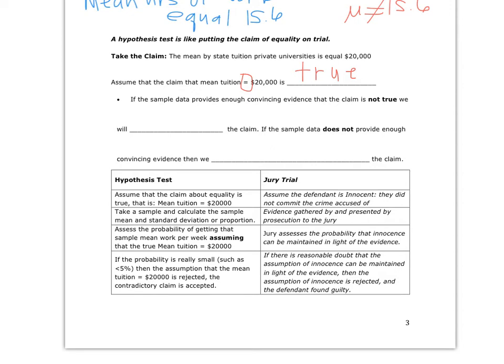Instead of evidence, what we have is sample data. If sample data provides enough convincing evidence that the claim is not true, we will reject it. If the sample data does not provide enough convincing evidence, then we do not reject that claim of equality.